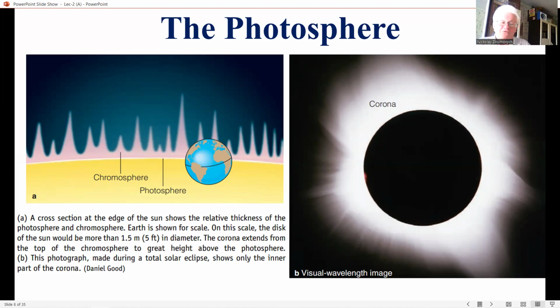To find gases as dense as the air at Earth's surface, you would have to descend about 70,000 kilometers below the photosphere, about 10% of the way to the sun's center. With fantastically efficient insulation, you could fly a spaceship right through the photosphere.